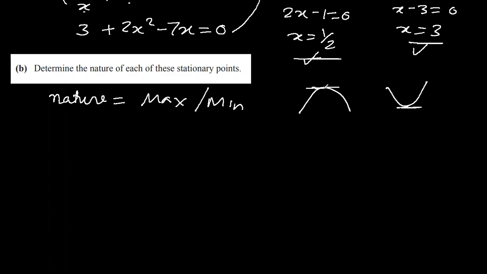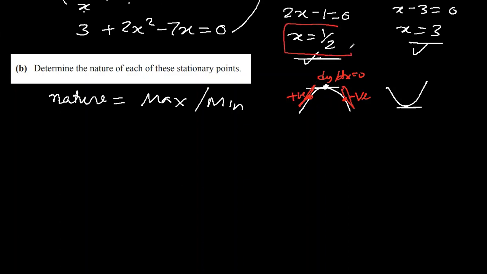What I will do, we know at this maximum point, dy over dx is 0. What about just before this? Here, the graph is going up, so it will be positive. Graph is going down, so dy over dx, the gradient of the tangent, will be negative. So what will we do?